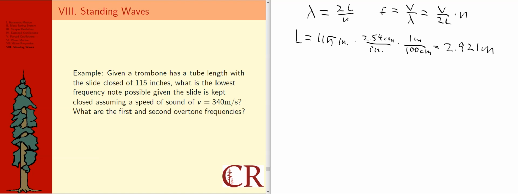When I look at the question that's asked here, we're asked for the lowest frequency note. Well, that corresponds to n equal to 1. So for n equal to 1, the frequency is 340 meters per second, which is v, divided by 2 times 2.921 meters, and then multiplied by n, which in this case is just 1.